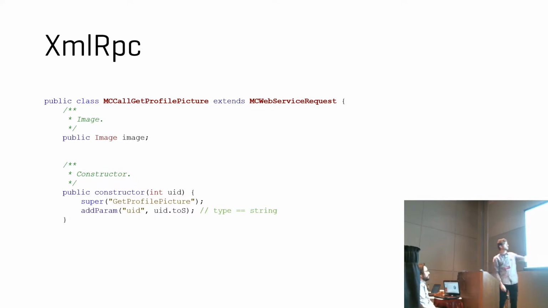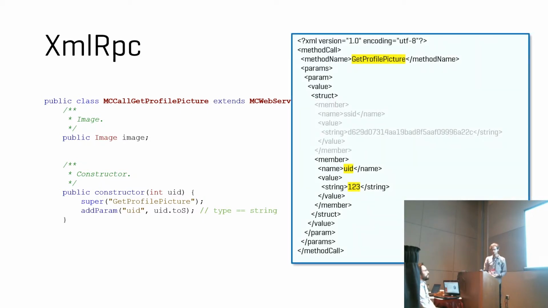And this is an argument that we are sending, the user ID. So for this user ID, we want to get the profile image. And this will build something like this. This XML here will be sent to the server. So you get the profile picture, and you have this user ID, and it's a string, 1, 2, 3 there.